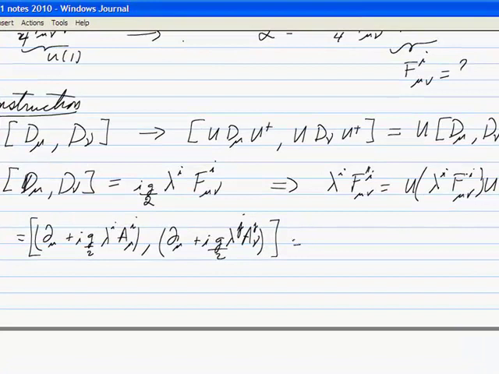So the pieces that we pick up there are the i g over 2 lambda i d mu A nu minus d nu A mu.